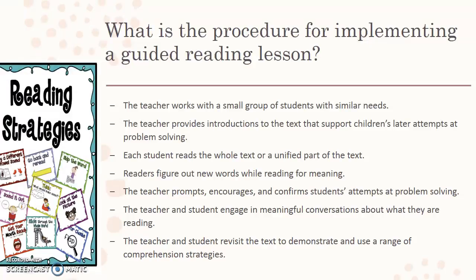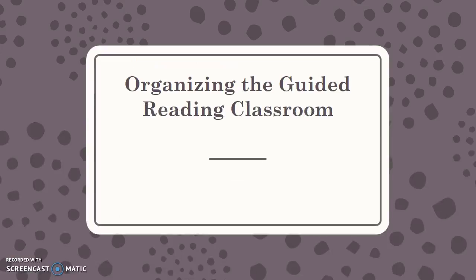The teacher prompts, encourages, and confirms students' attempts at problem solving. The teacher and student engage in meaningful conversations about what they are reading. The teacher and student revisit the text to demonstrate and use a range of comprehension strategies. So there are many strategies to use while implementing a guided reading lesson.